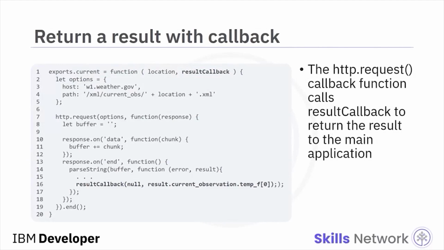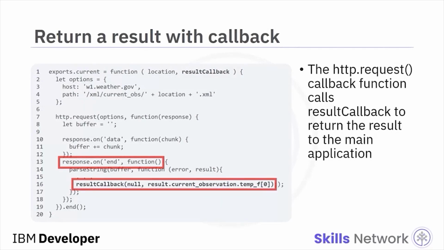Look at the bottom of the current property. A response.onEnd event handler handles the transmission of the HTTP response message. When the remote server finishes sending back the response message, the code makes a call to result callback and passes it the current weather reading in degrees Fahrenheit. This is how you pass a value from one callback handler to another.